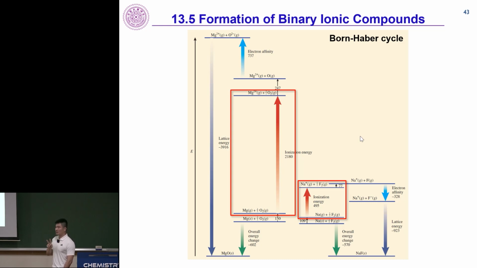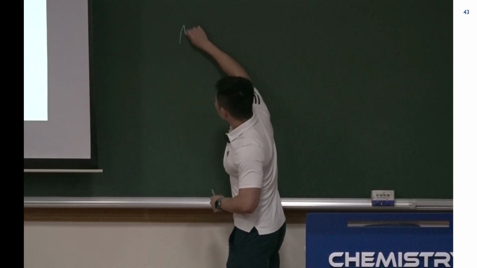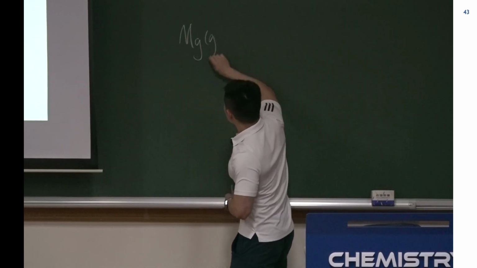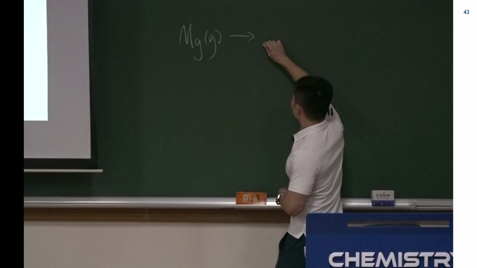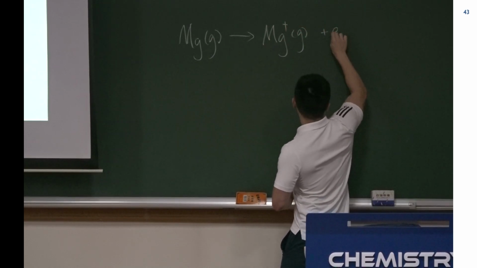If this happens to come up on your homework or on the exam, the ionization energy of magnesium into magnesium 2+ in gas phase needs to be the sum of the first ionization energy and the second ionization energy. Right. So you actually need magnesium in gas phase to give you the first electron, magnesium plus gas phase plus electron.